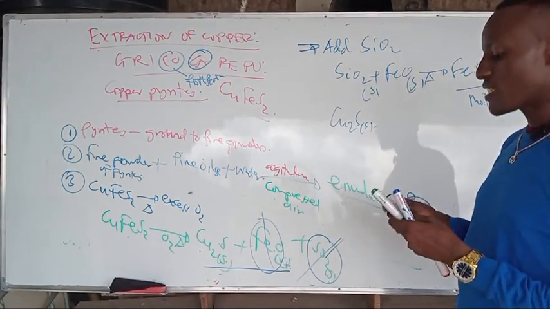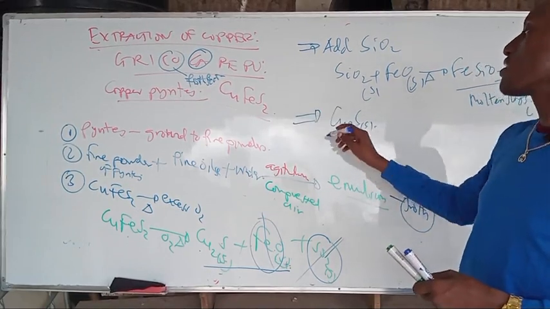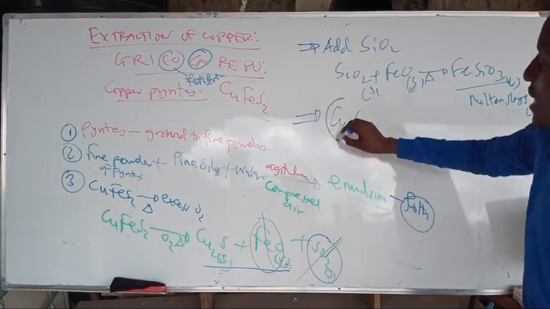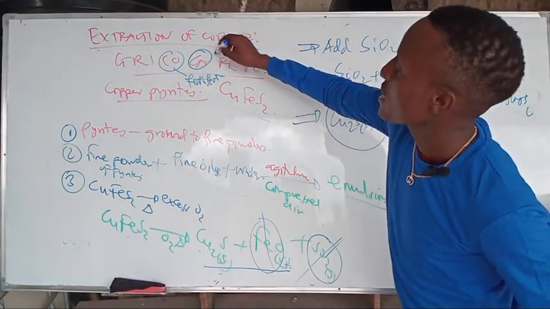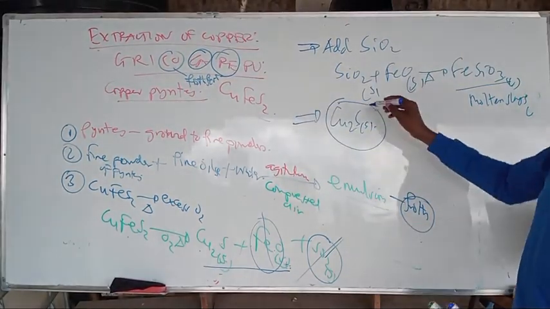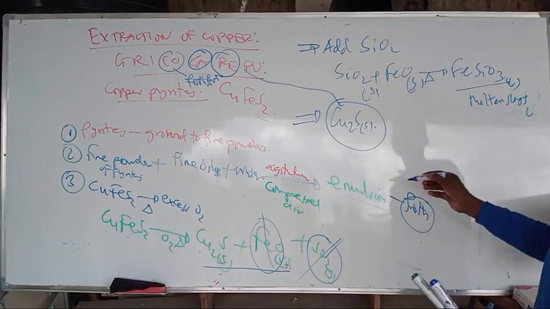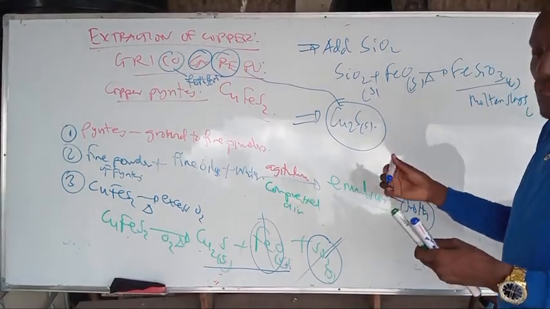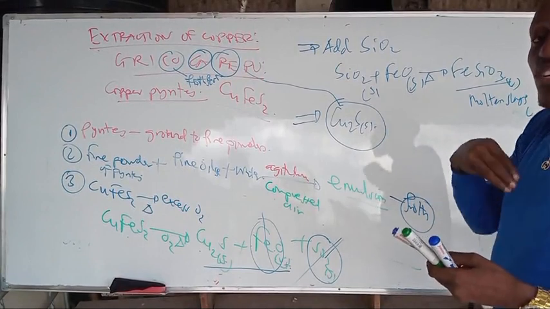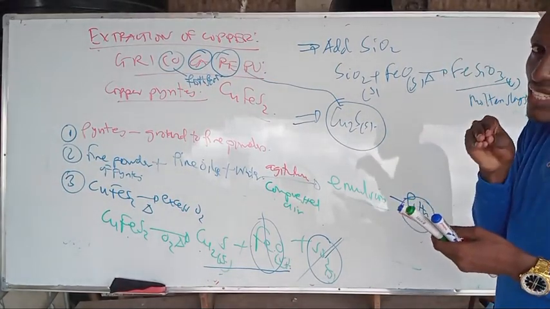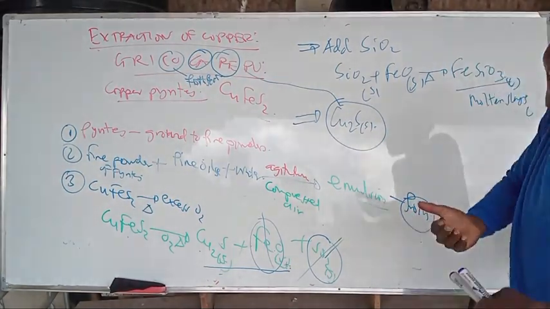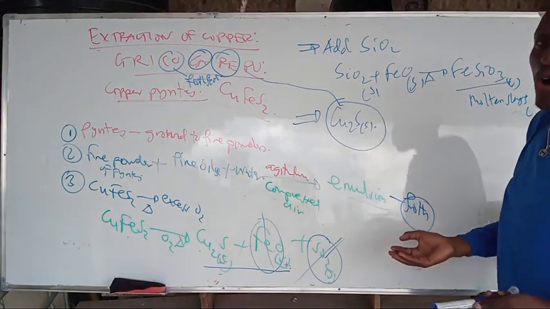What happens now? This is taken into the reduction process, which is the self-reduction. A small part of it is burned in a limited amount of oxygen, and it turns into copper(I) oxide.